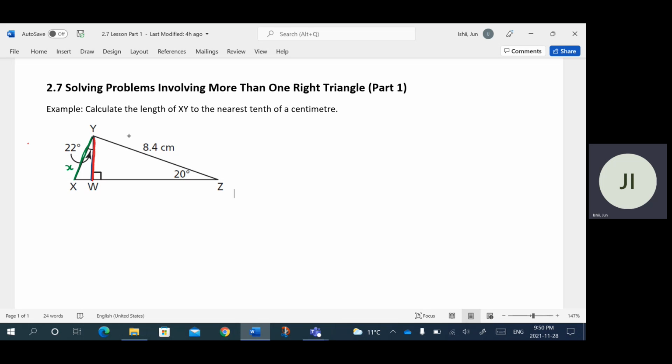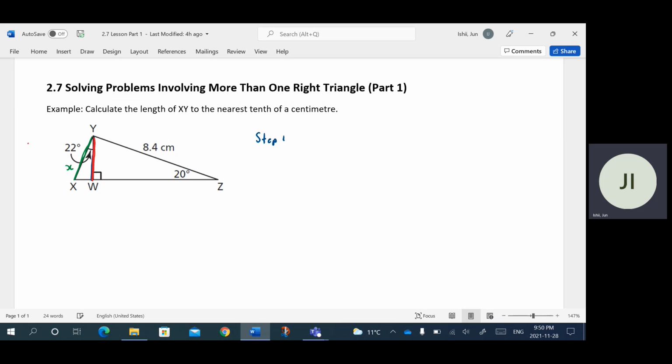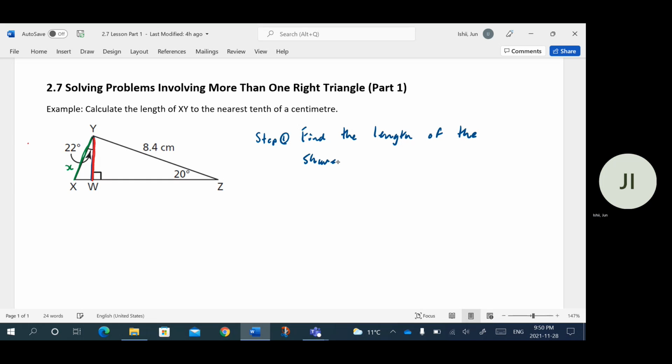All right, so your first step when you're solving these is to find the length of the shared side. So I want to find the length of XW using this large triangle.